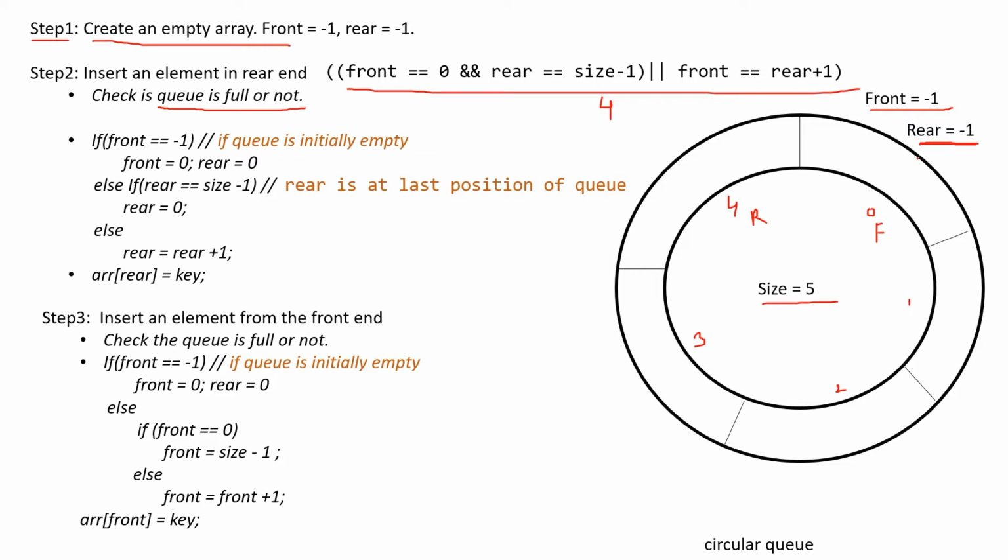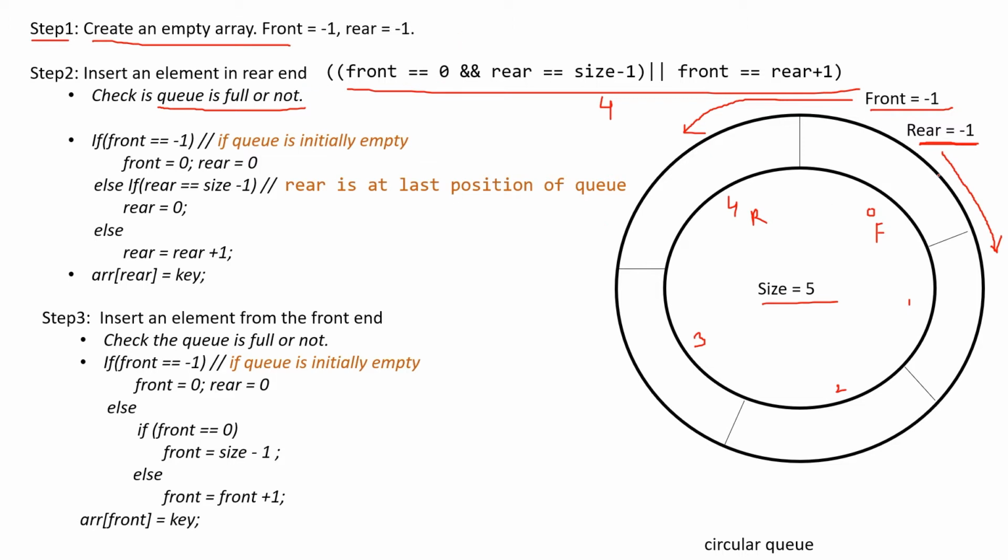One more thing: whenever we insert an element at the rear end, rear will keep on moving in this direction. And when we insert an element from the front end, my front will keep on moving in this direction. So we have to remember this: rear will always move in the clockwise direction and the front will move in the anti-clockwise direction. Now this is one condition, right?